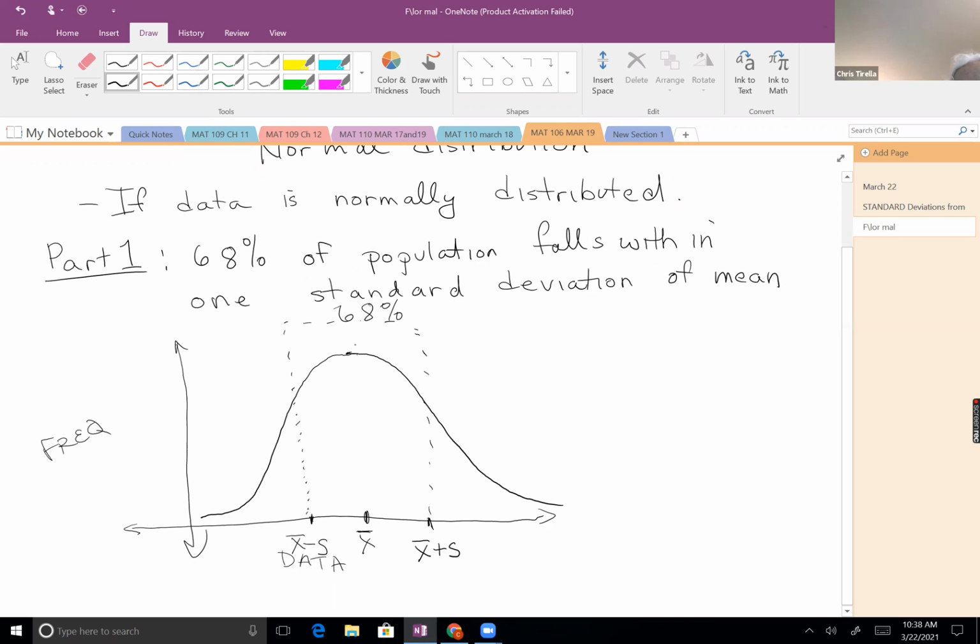Because this is symmetric, I could split that down the middle. And if this whole boxed in area is 68%, does it make sense that each of these two areas to the side would be half of that, or 34%?